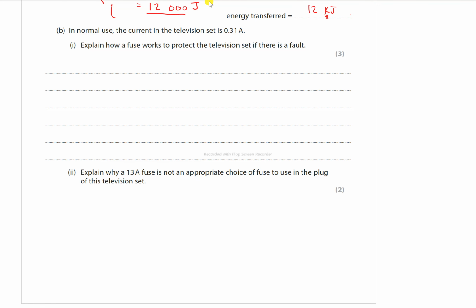Right, in normal use the current is 0.31 amps, so current is measured in amperes or amps. Explain how the fuse works to protect the television if there is a fault.